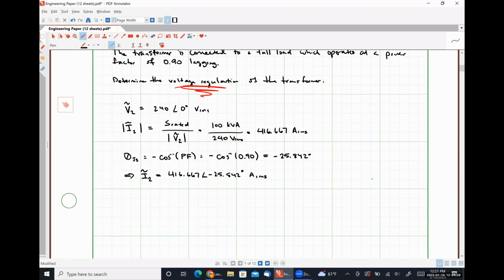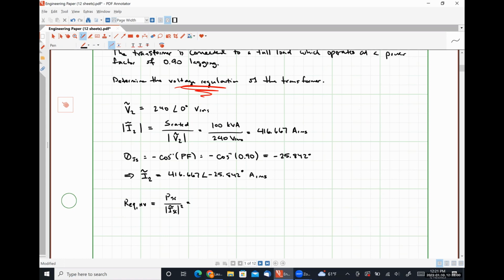So the equivalent resistance on the high voltage side, we talked about this in class the last time we met. So our equation there is our short circuit power divided by the magnitude of our short circuit current squared.